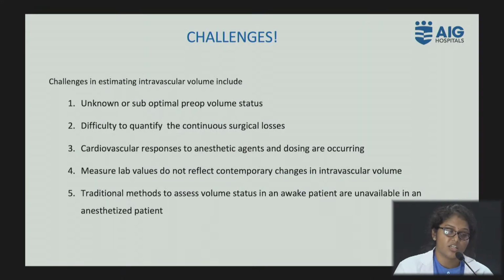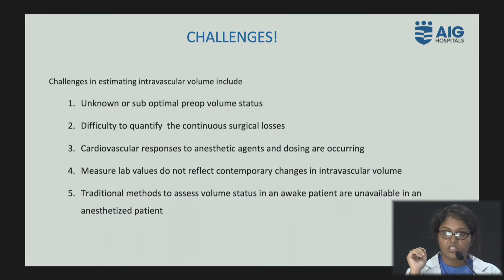So what are our challenges? Now we have got to know that the fluid management, whatever we are giving, should improve the cardiac output. How much fluid has to be given? So we have to have an idea of how much deficit is there. In order to know that, we have to estimate the intravascular volume, which is often difficult because the pre-op volume status is unknown, and it is difficult to exactly quantify the ongoing surgical losses.